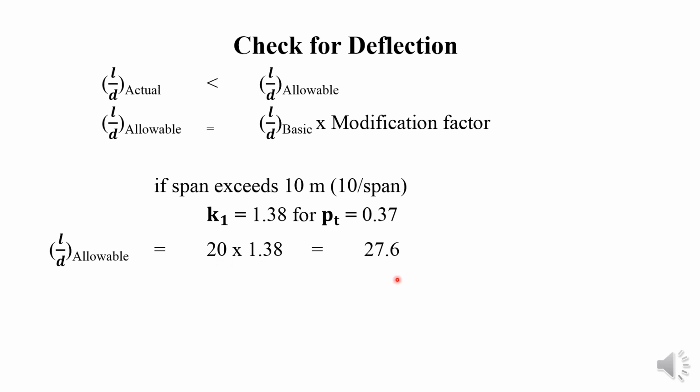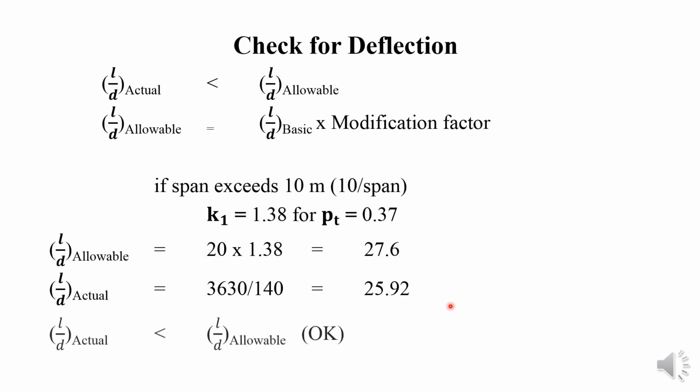So we will get a value of 27.6. The actual L by d value is 25.92. So actual L by d is less than allowable, hence the deflection is also okay. So this is all about the design of one-way slab. Thank you so much.